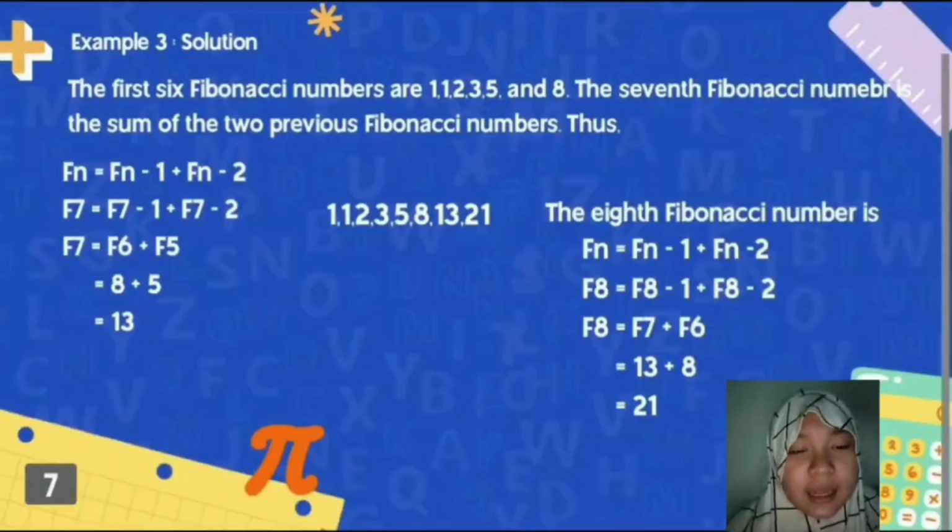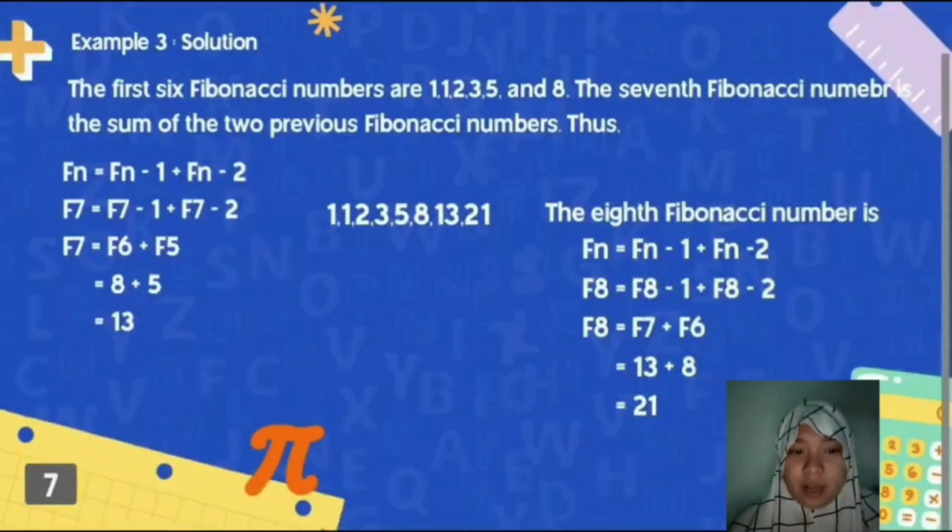So, palitan natin yung n ng 7. So, F7 equals F7 minus 1 plus F7 minus 2. Okay? So, bring that down. Naging 7 minus 1 equals 6. And then, minus natin yung 7 minus 2 equals 5.